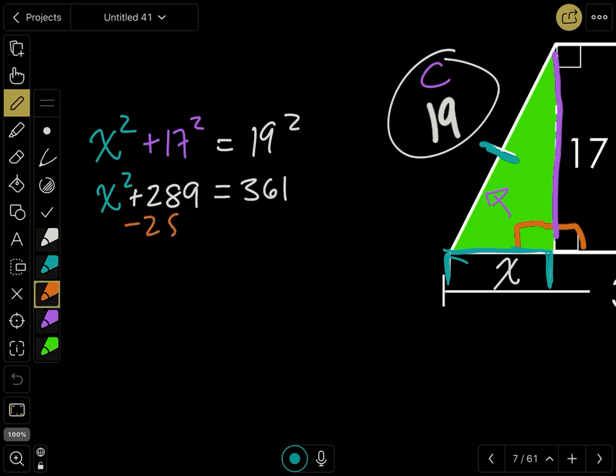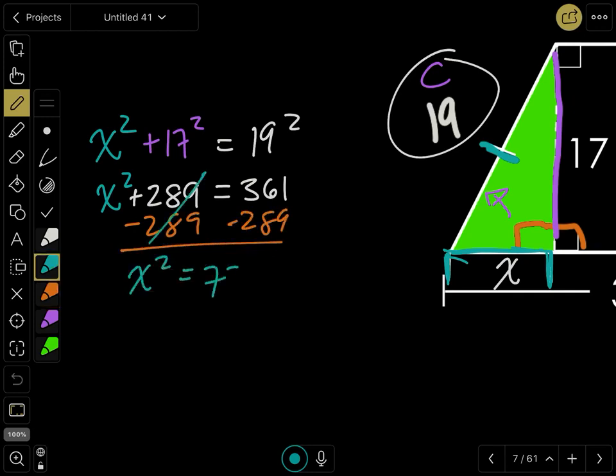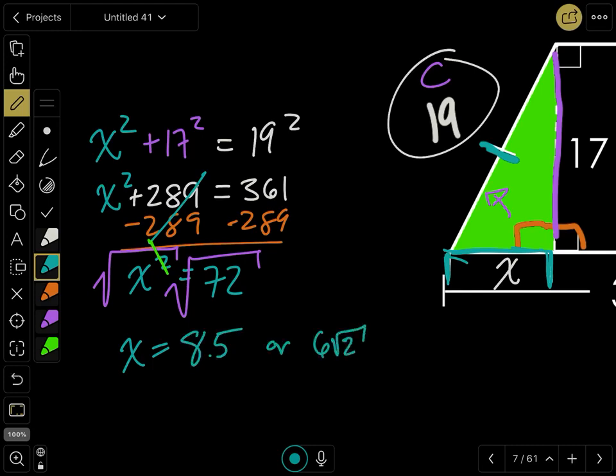And again, we can just subtract this number from both sides. We find x squared is equal to 72, but we want to find x, not x squared. And so we're going to square root. The square root undoes the square, and so the inverse operation will result with just x, and x will be equal to approximately 8.5, or 6 square roots 2.